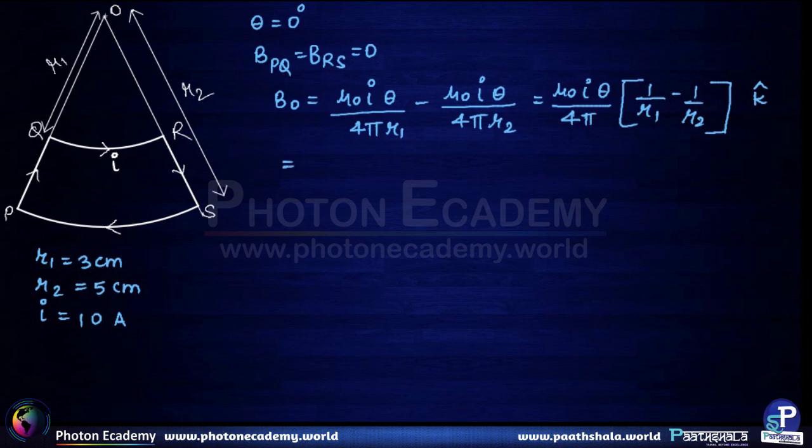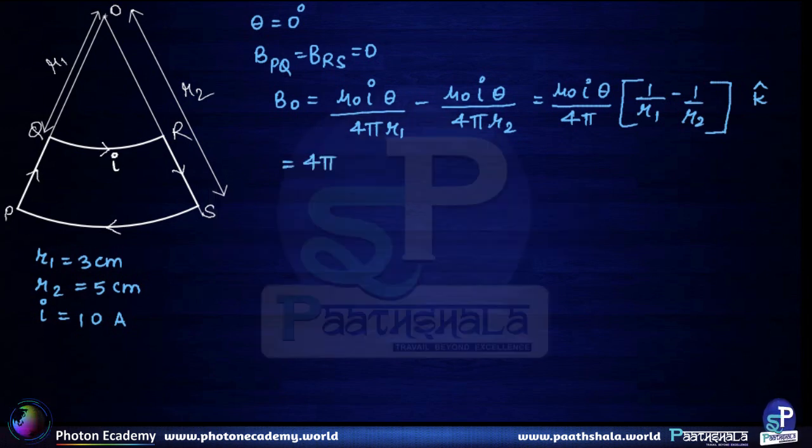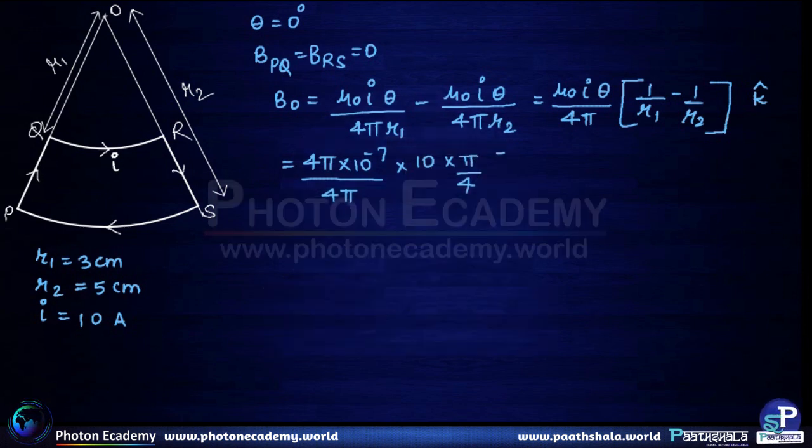Putting all the values, we get 4 pi into 10 to the power minus 7 divided by 4 pi into 10 into pi by 4 multiplied by 1 by 3 minus 1 by 5 into 10 to the power 2.